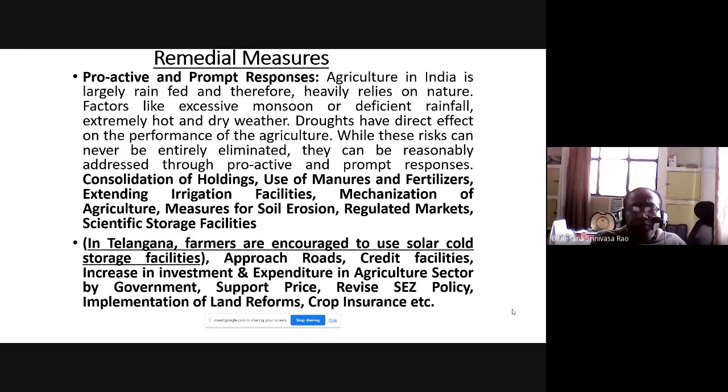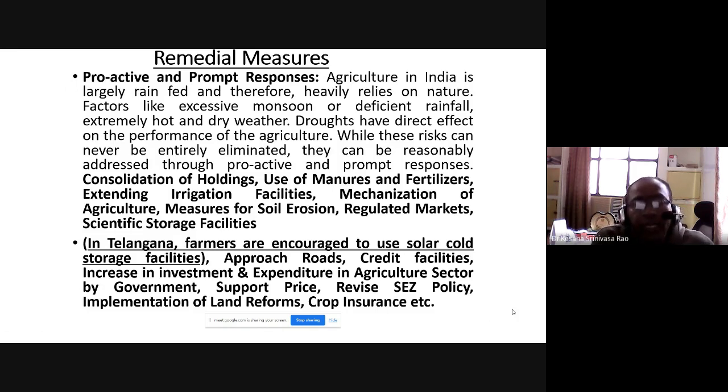Yes, audible. So these are the remedial measures which we can follow to some extent to reduce the problems of agriculture. In India we are following them, and in your countries also, if it is possible, you can also adopt these types of measures to reduce the problems of agriculture to some extent.